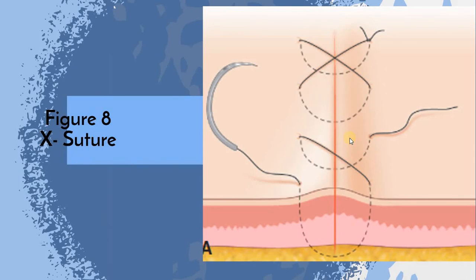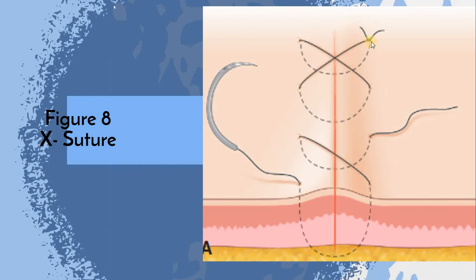While vertical mattress, no, there's a figure 8 suture. Maybe the next slide will be vertical mattress. Figure 8 is used to cover the extraction area. You have 4 points. You insert from one area to the opposite side.